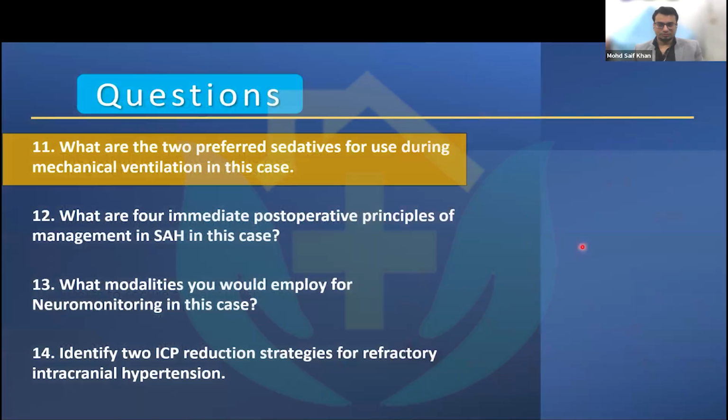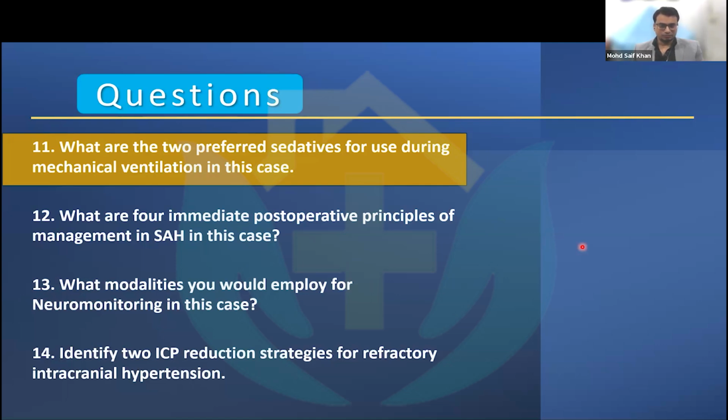With this information, now the question is, what are two preferred sedatives for use during mechanical ventilation in this case? Very commonly, okay, will you choose midazolam in this case? Yes, no. Something which is called preferred, something which is called ideal, something which is called a level 1 sedative.